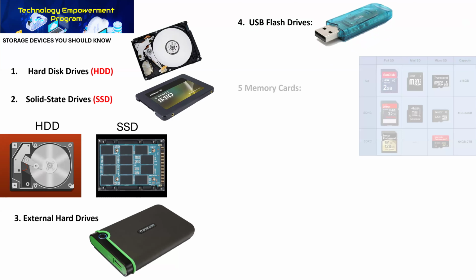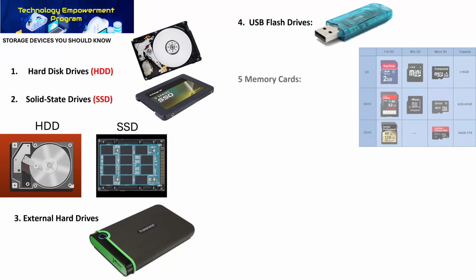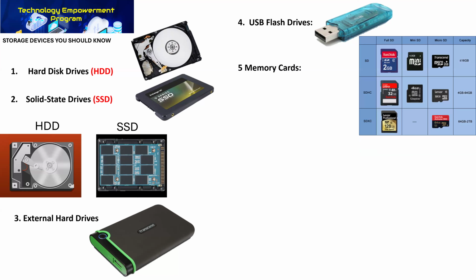Then we'll have the memory cards. You have a lot of sizes and capacities. You have full SD, the full memory card. You have mini, you have micro. I think most of us are using micro in our phones today because they've improved upon the technology. I hardly see the full size, except with those that still have the old digital camera.